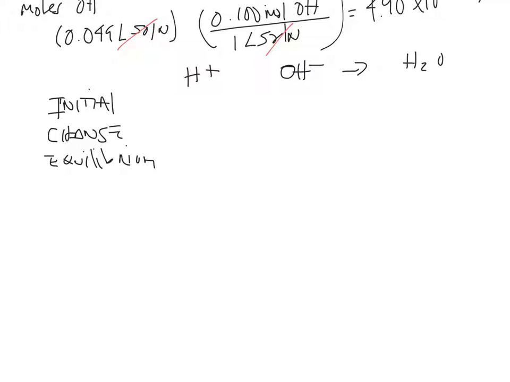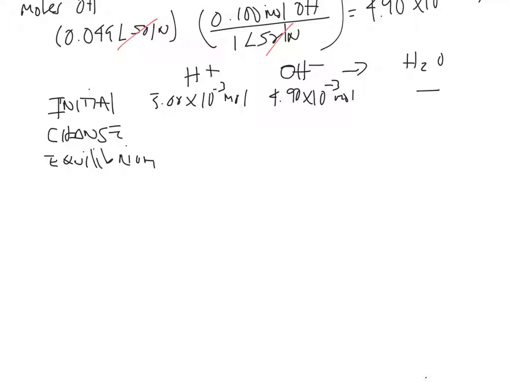Before the reaction, we have of acid, H positive, 5.00 times 10 to the minus 3 moles. And for OH, we have 4.90 times 10 to the minus 3 moles, and water is basically constant.